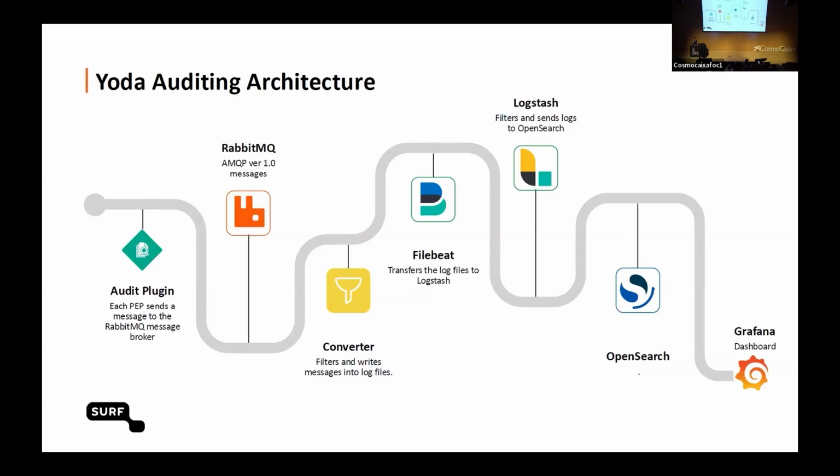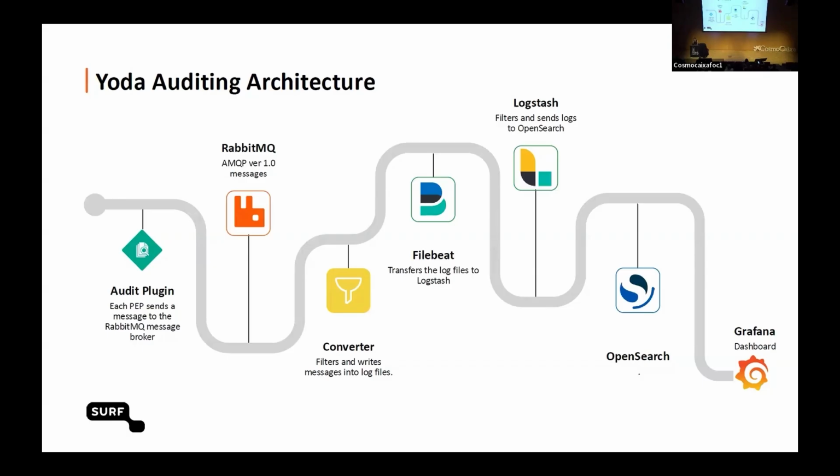This is the architecture that we are using to capture the audit information. At the start, the audit plugin is going to send messages to the message broker, in our case, RabbitMQ. For each PEP API, it sends a message, so actions such as iput might produce like 60 messages suddenly, all of them sent to RabbitMQ.